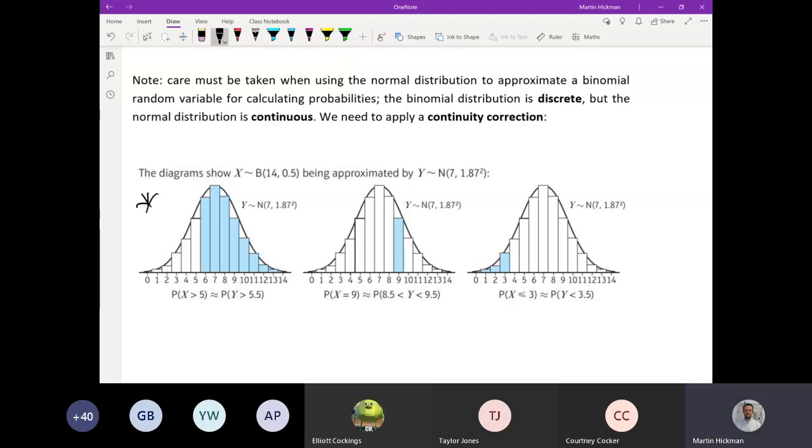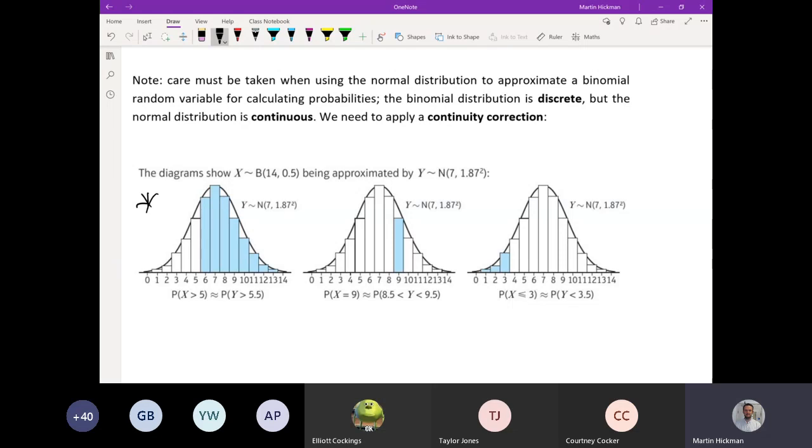So in this case, if you look at how I've shaded the bars in, when we switch it to normal distribution, what we don't do is just work out the probability that it's 6 or more. Because normal is continuous, we want to think of every individual number as having a lower and upper bound. So for example, the number 6 there has a lower bound of 5.5 and an upper bound of 6.5.